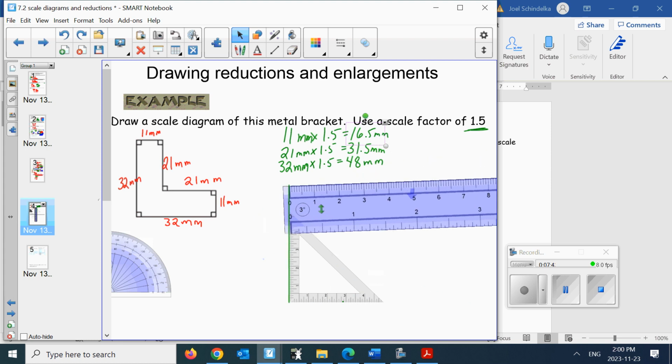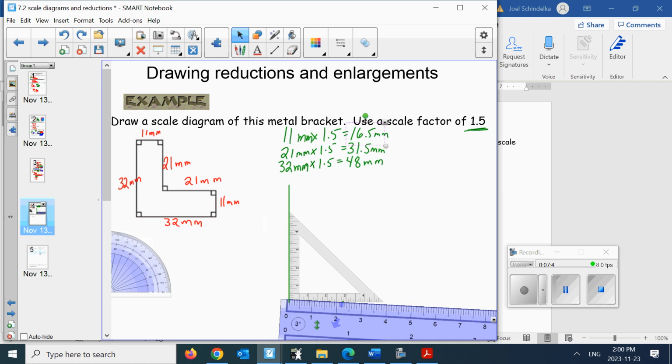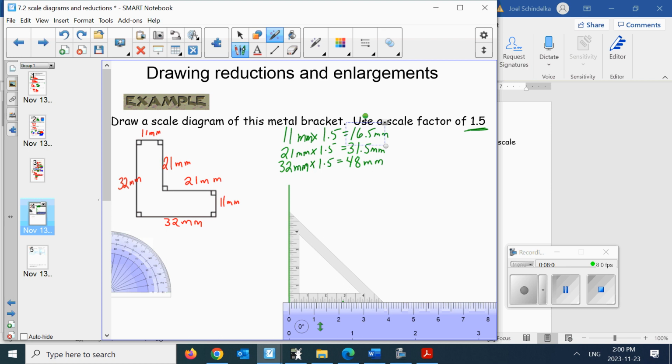Now I'm going to swing, because my ruler isn't as good as my triangle. I'm going to draw another 48. It's like the 32 side on the other one, right? I made sure it's on the 90, and I'm going to draw it.